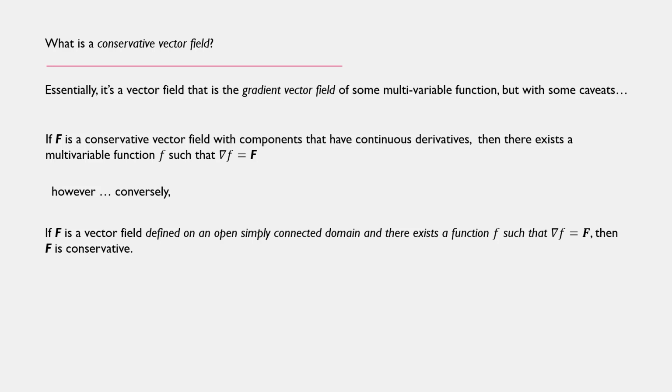If big F is a conservative vector field with components that have continuous derivatives, then there would exist some multivariable function little f whose gradient is the vector field. And conversely, if the vector field is defined on some open simply connected domain and there exists a function little f whose gradient is the vector field, then that field is conservative.